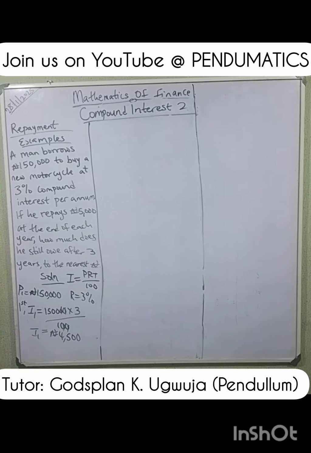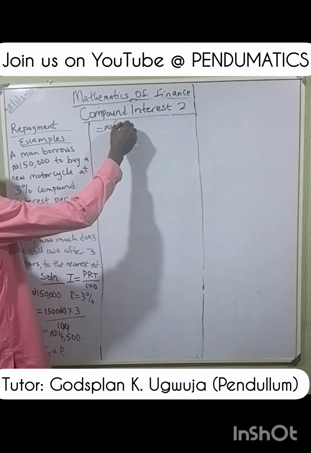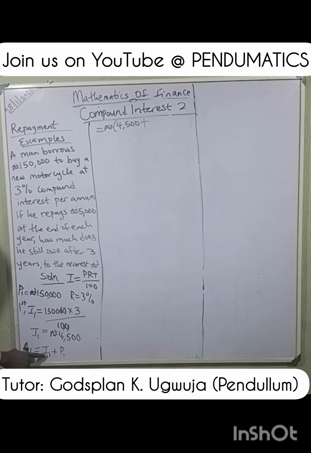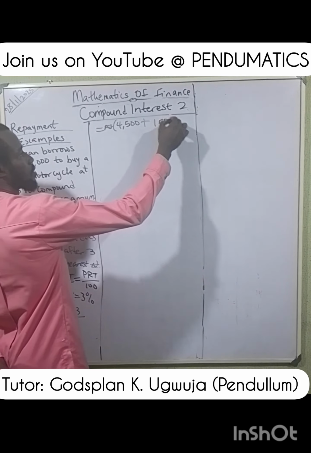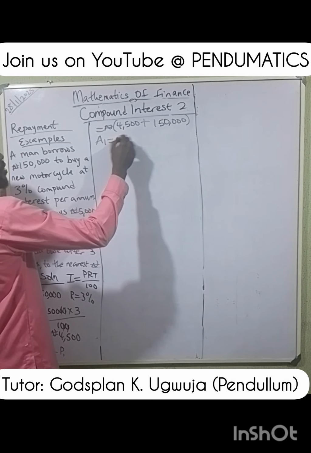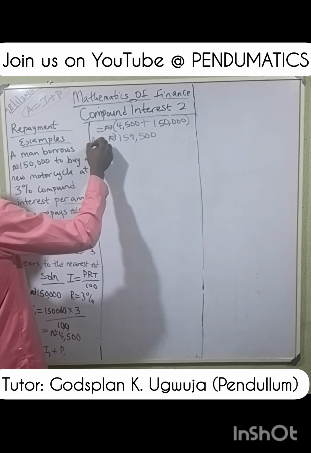So the interest at the end of the first year is 4,500, and the amount at the end of the first year is interest plus principal, 4,500 plus 150,000, so the amount at the end of year 1 is 154,500.